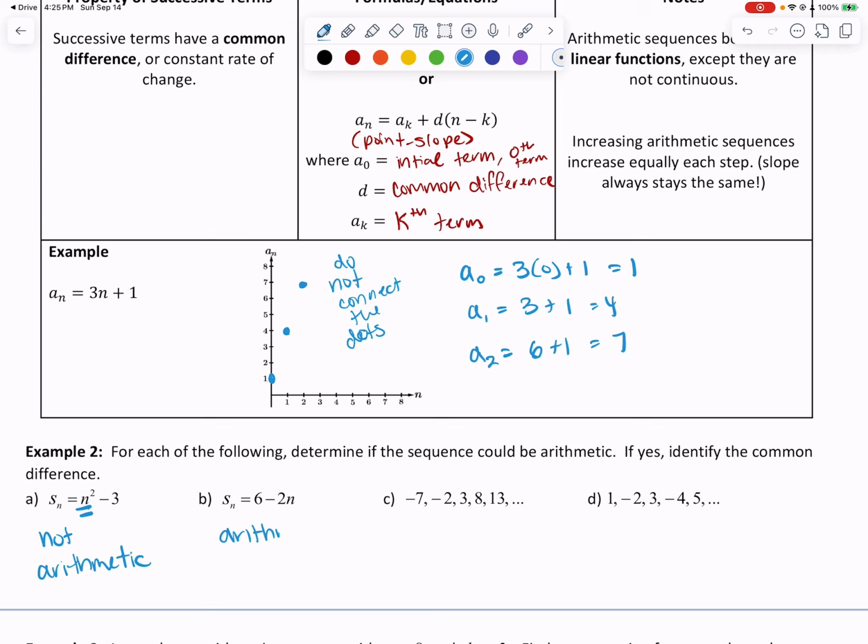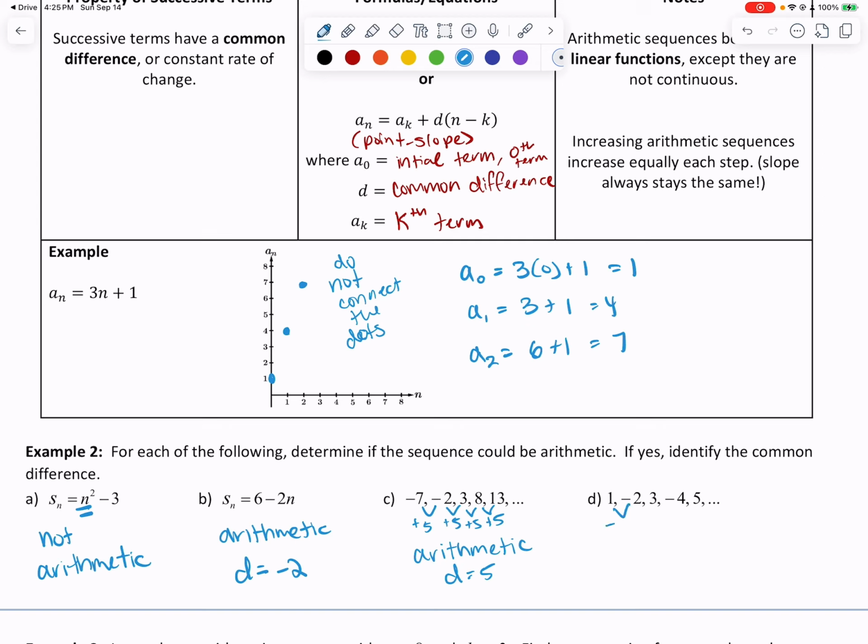The common difference, d, is -2, the slope that you can see from that linear form. Now we have an increase of 5, an increase of 5, an increase of 5, and an increase of 5. That is a constant, a common difference of 5, so this is arithmetic, where d equals 5.